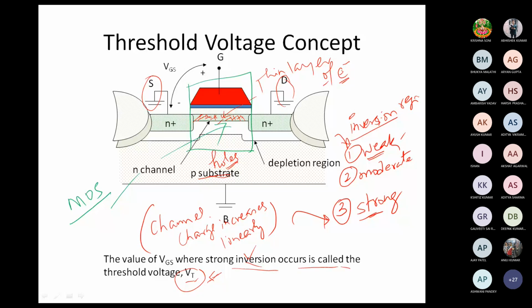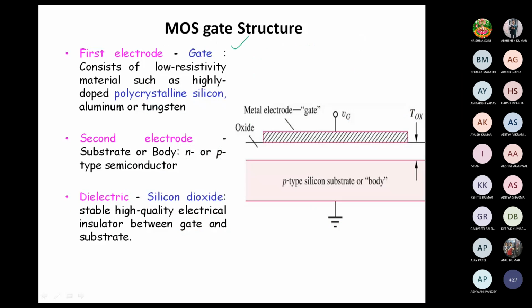Metal-like behavior is given by this polysilicon here, oxide is here, and this is silicon. So this MOS structure is the heart of MOSFETs. We have a metal gate, or metal-like gate. Heavily doped silicon, which we call polysilicon, also has metal-like characteristics. And this is the oxide, and this is the semiconductor.